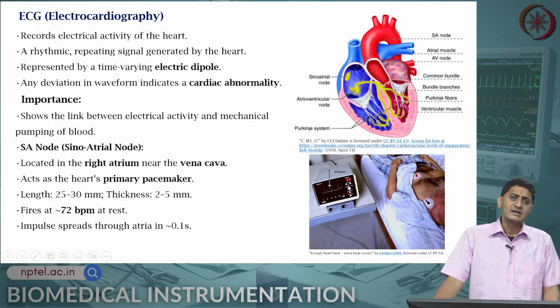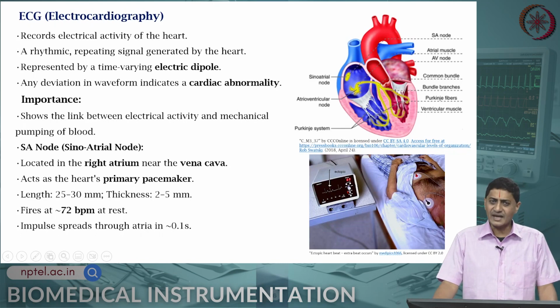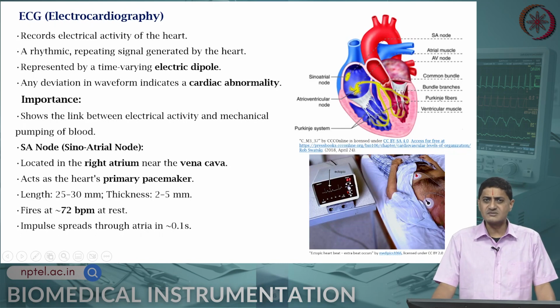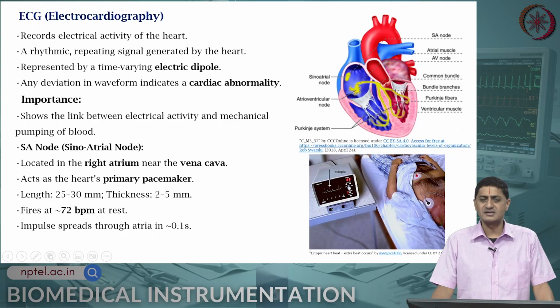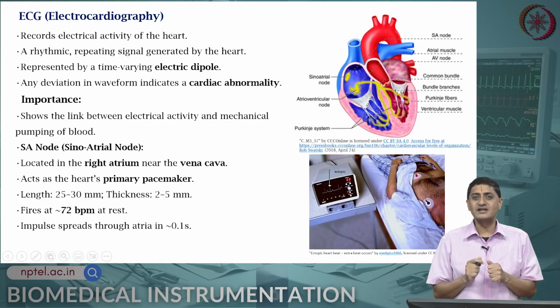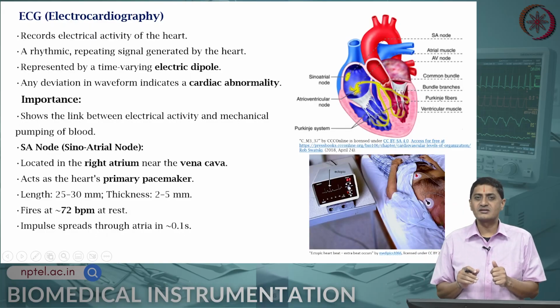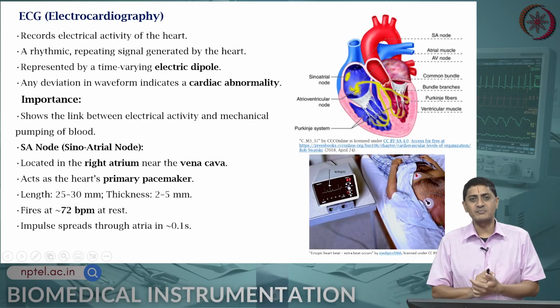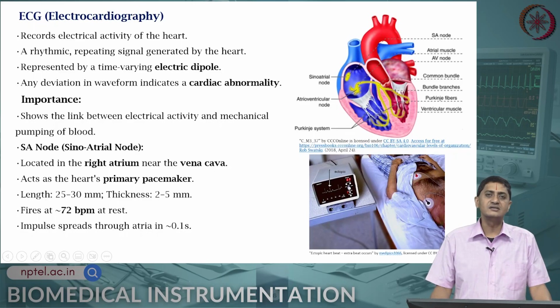Now, from all this what we know is that the heart is a mechanical pump. It fills with blood and then it pumps blood, but then how does it contract? First, atrial contraction will have to happen for the ventricles to be filled up with blood, then the ventricular contraction will have to happen, so blood can flow through the aorta and the pulmonary artery.